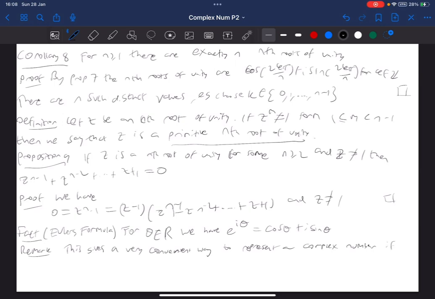If z has mod z being equal to r and the argument of z being equal to theta, then z equals r e to the i theta. And I'm going to put that in flashing neon lights to remind you that this way is very important and you should get used to it.